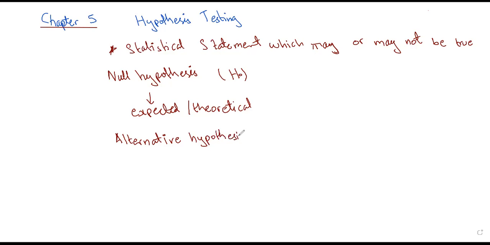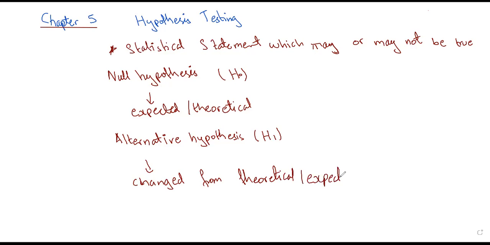So we denote it by H1 and it is basically changed from theoretical or expected. So let's say I'll give you a quick example. If we talk about a dice and we say that the probability to get any side is 1/6.